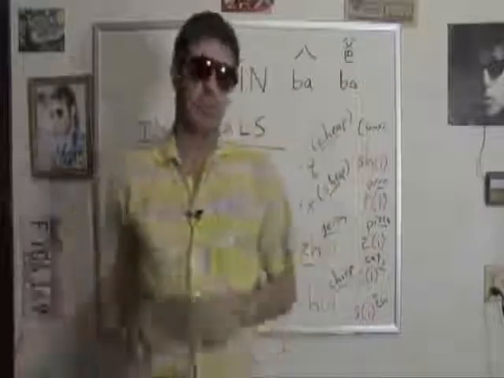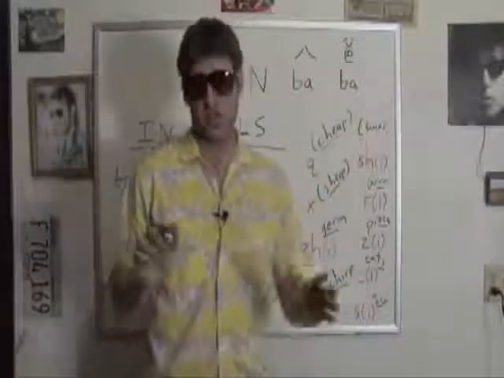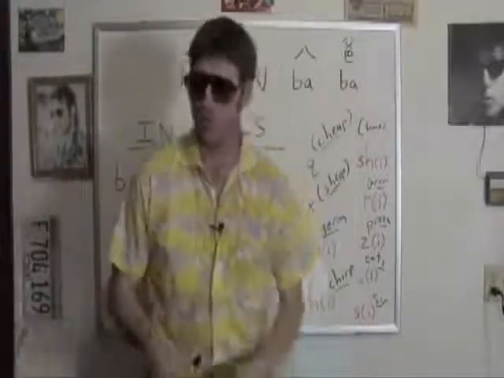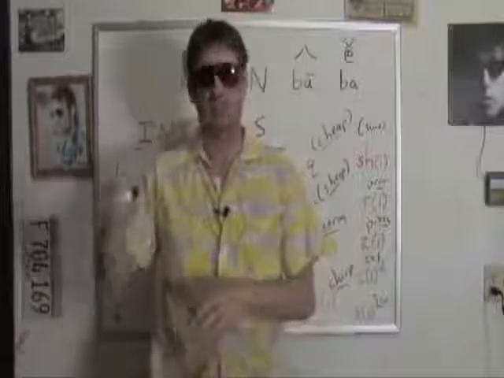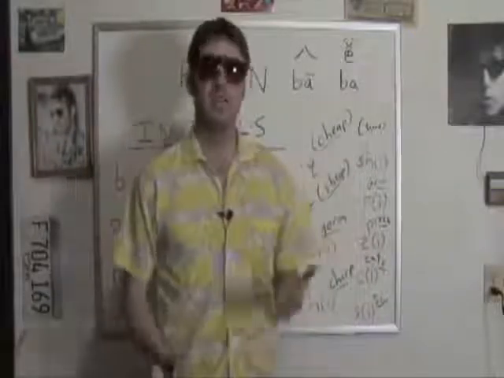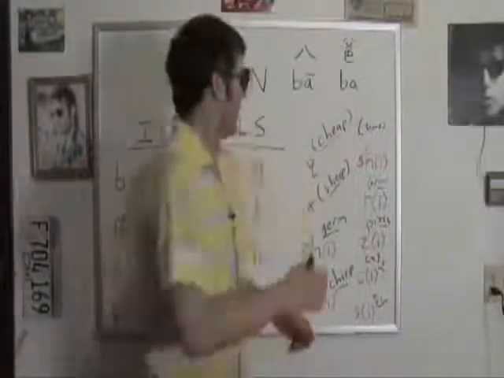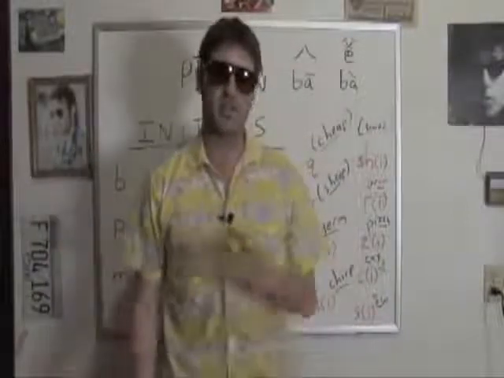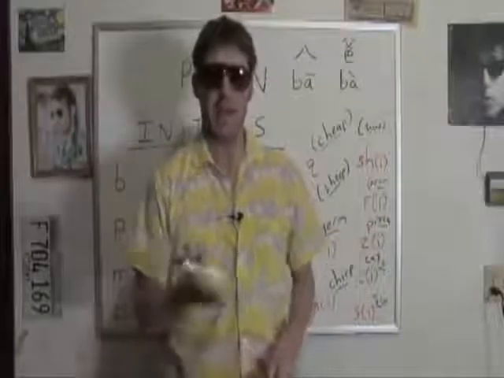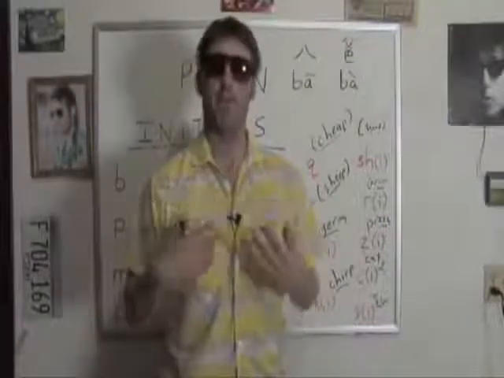But here's the thing. Different tones, like we talked about, which we will also cover in the future, so stick with me. Ba, the first one is the first tone. Ba, your voice just stays steady. Ba, that means 8, number 8. And then the last one, ba, is fourth tone. That means dad. Ba, my dad.